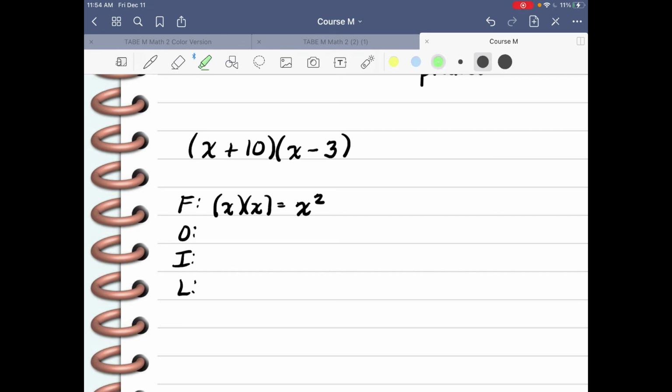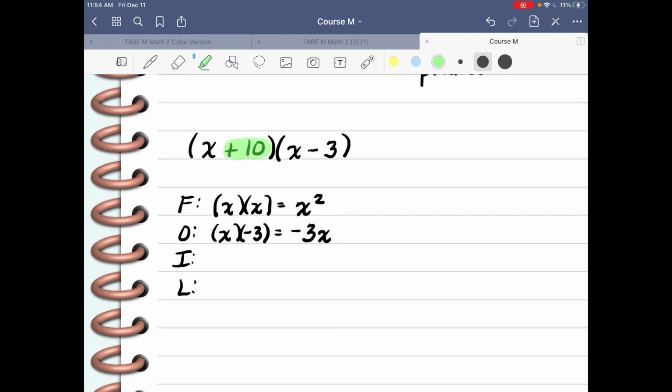Then outside, I have an x and a minus 3. Outside, or outer, if that helps you. Think of it as the outer ones. So this is going to be a minus 3x.